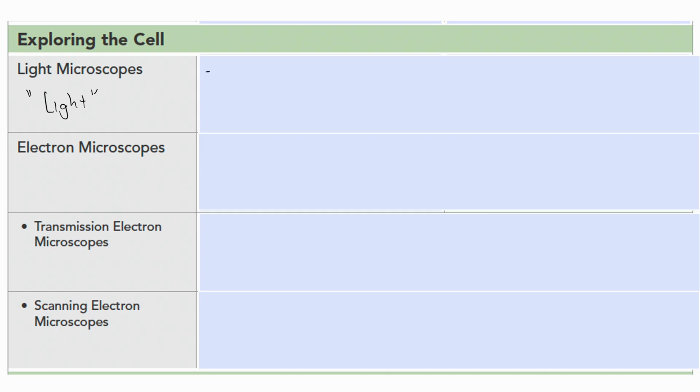As you see here, this light passes through a specimen, and then goes through a series of lenses that will magnify the image. So again, that image is magnified by lenses.